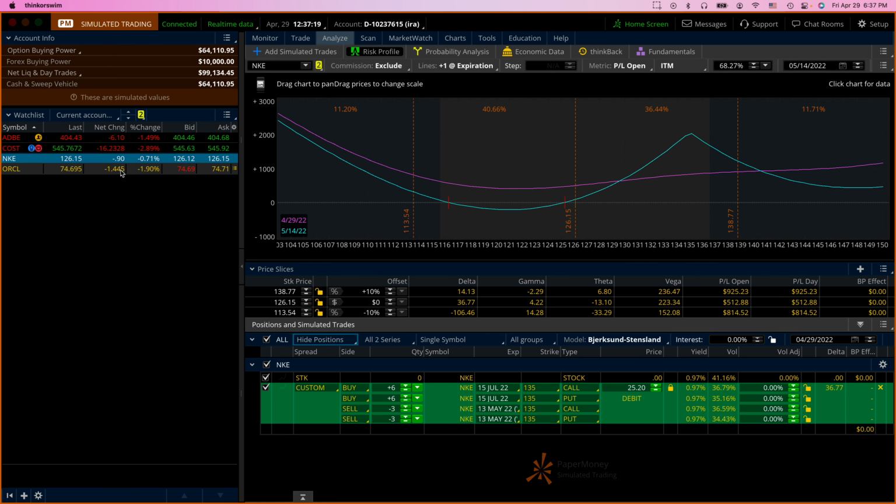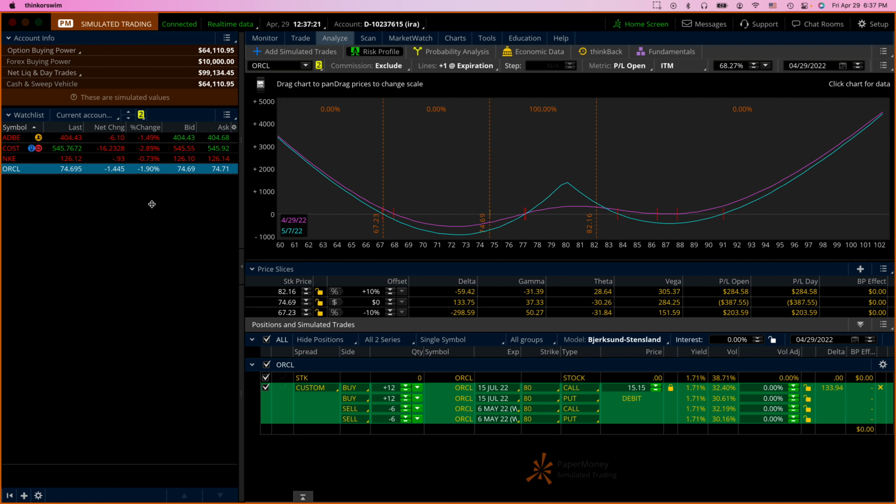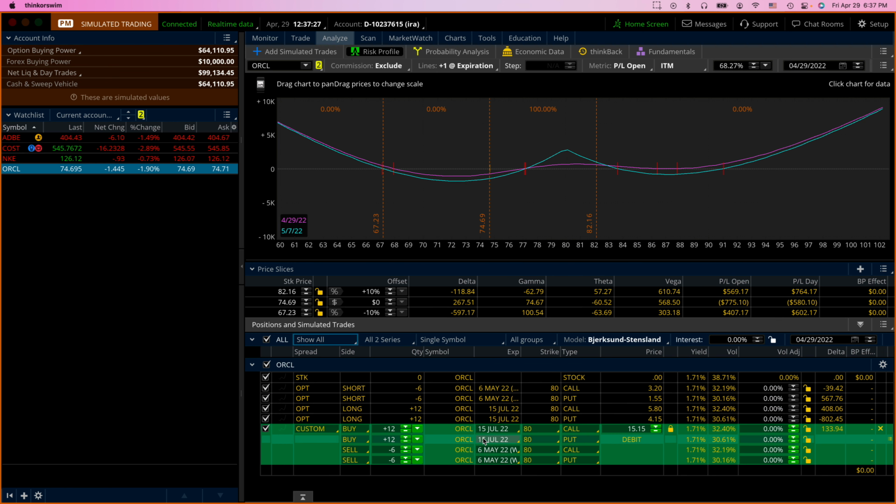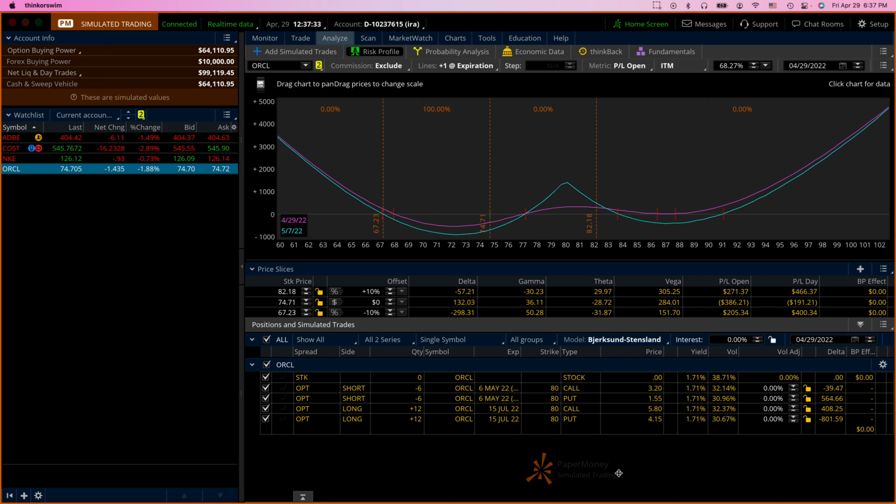And then Oracle. You can see that is the exact same position as I entered. Let's get this out of the way. And here my PNL is minus 300. So it's the same thing as Adobe and Costco.